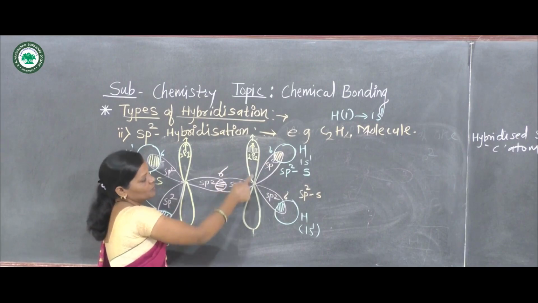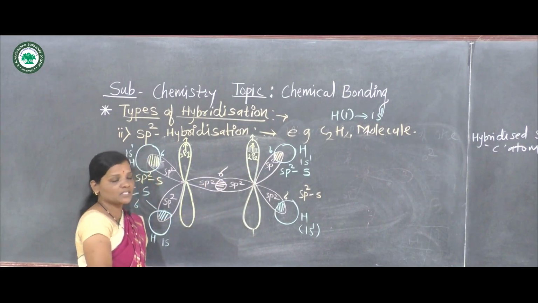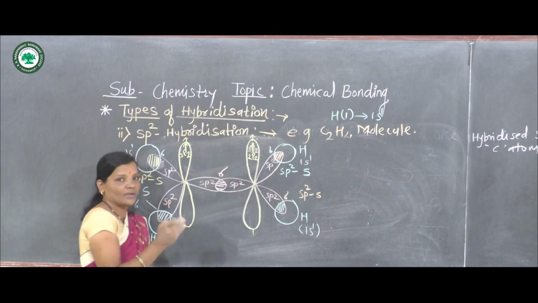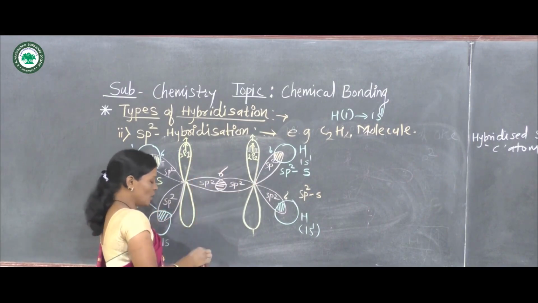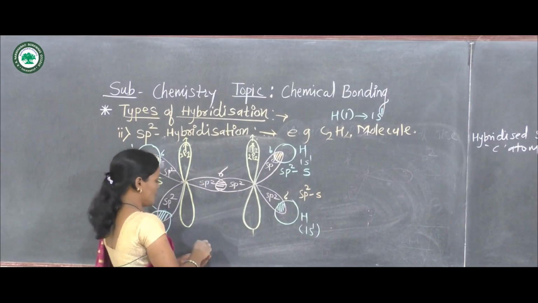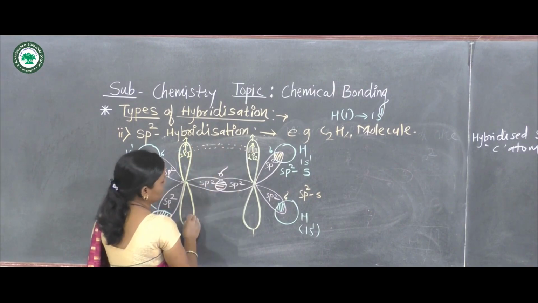This is also the 2pz orbital of the second carbon atom, which is unhybridized, which lies far away from each other. But here what happens? Lateral overlapping is possible between these two unhybridized orbitals of the two carbon atoms.